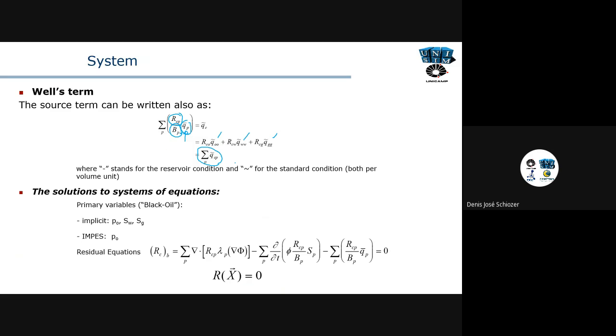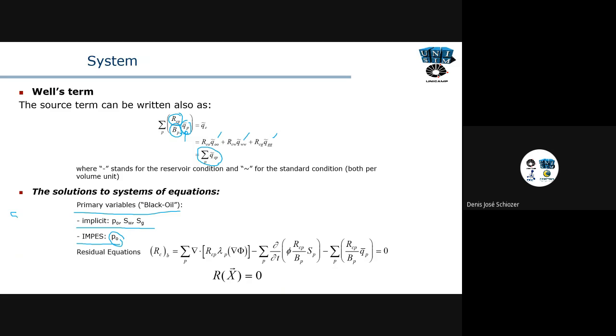So just some particularities of the model here. The primary variables we have in the implicit model are the pressure and saturations, and for the implicit models are the pressures, okay? I don't know if you remember a few slides ago, I showed you that we have to account for all the pressures and also saturations.